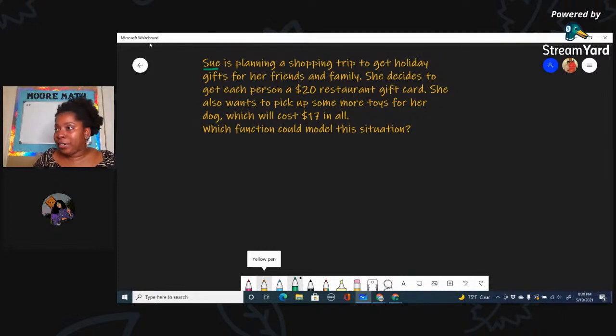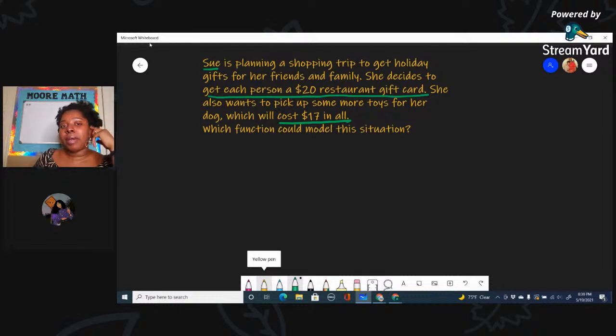She's getting gifts for her family. And we need to know, so it says each person, she's going to get each person a $20 gift card. Okay, that's important. Okay, she's going to pick up some more toys, and all of those toys are going to cost $17.